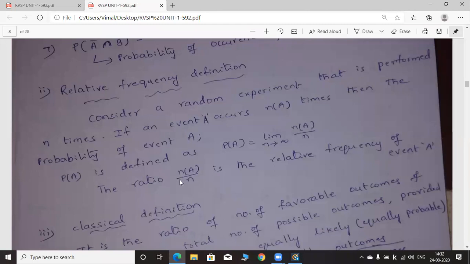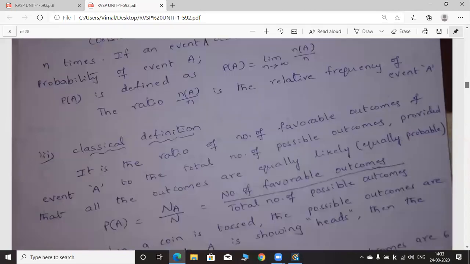Here the ratio n of A by n is the relative frequency of event A. So this is the relative frequency definition. This is not that important, so you just have to remember that point simply.